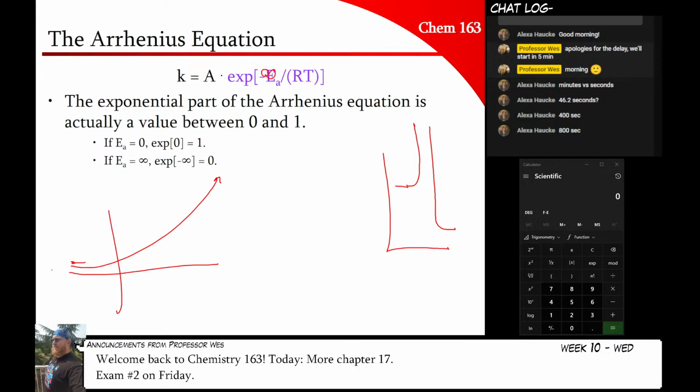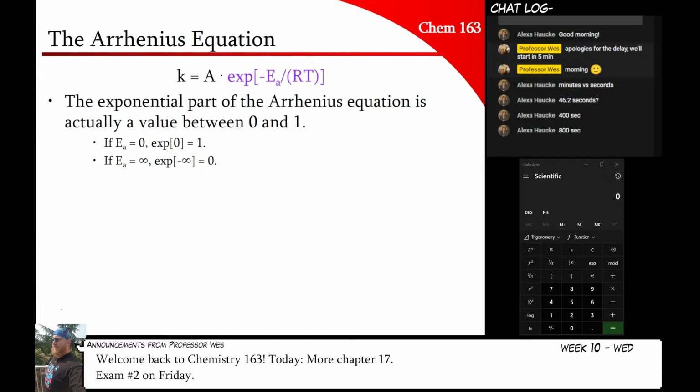This function approaches 0 at x equals negative infinity. And so what that means is that 0% of the molecules will have enough energy to overcome an infinitely tall activation energy. So we're going to have some value between 0 and 1 that follows an exponential function.